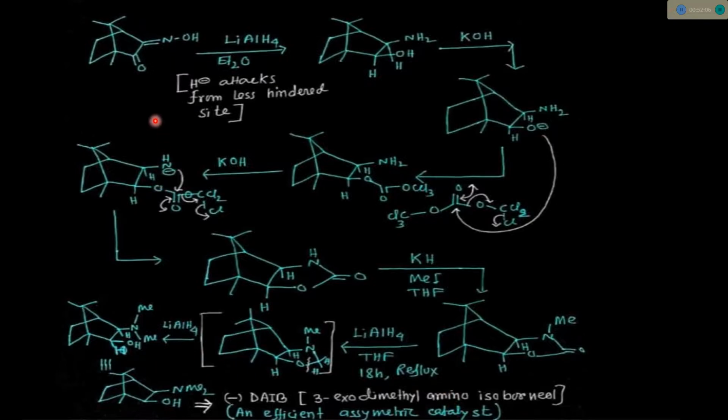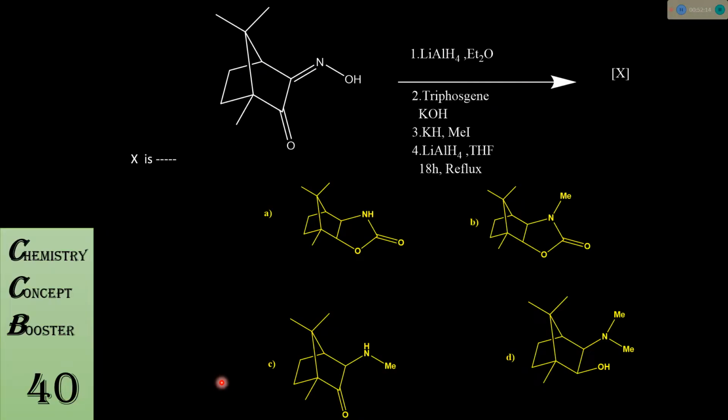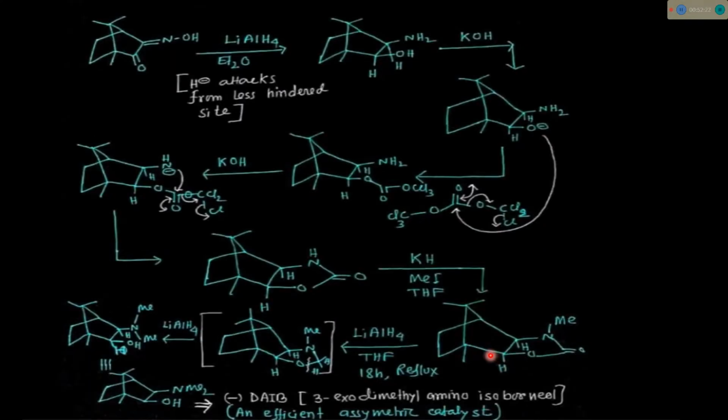In this way we can synthesize this asymmetric catalyst DAIB. So NMe2OH should be there, and the other options are not correct. Option D is correct for this reaction.